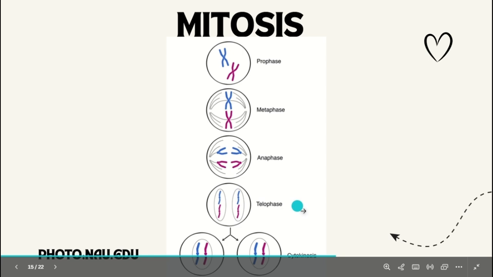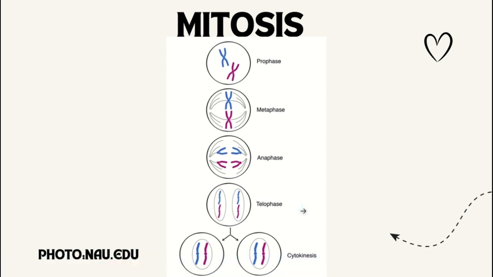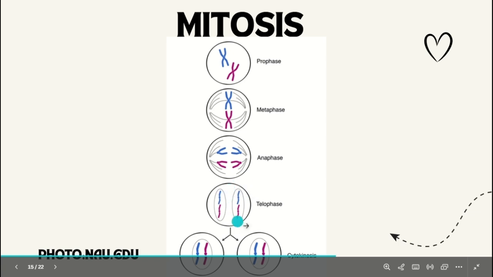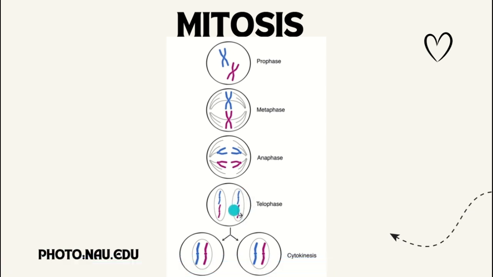And also in telophase, we call it the nuclear membrane. So the nuclear membrane starts building up. The circle around it is the nuclear membrane, right? And the chromosomes start becoming decondensed. As I said, this diagram is not the best, but they become decondensed.